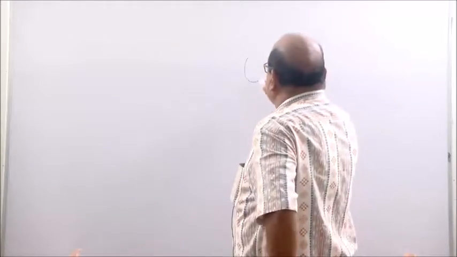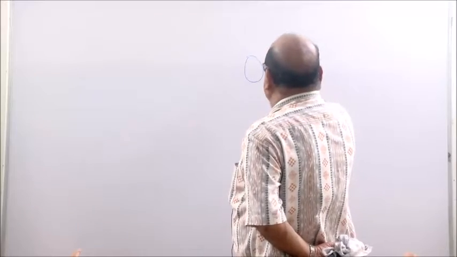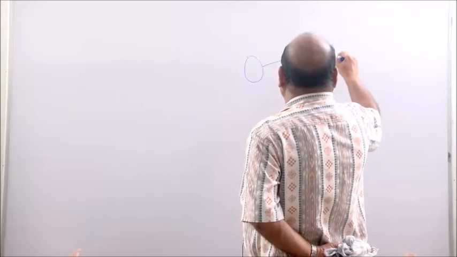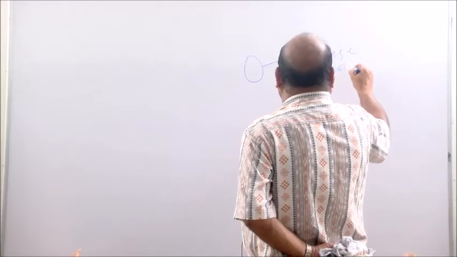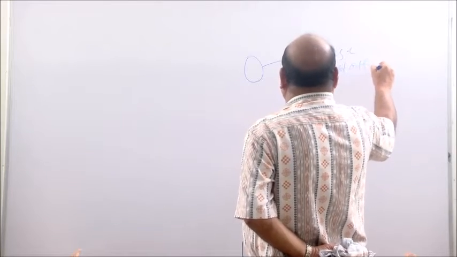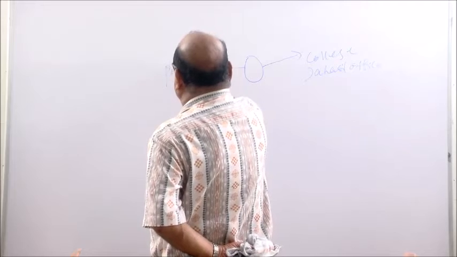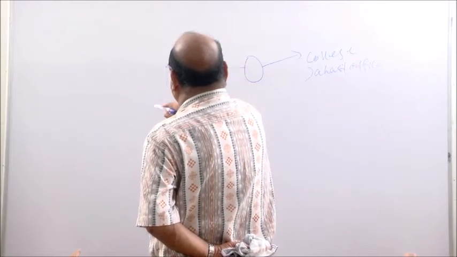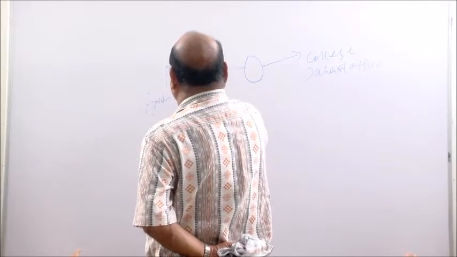Suppose this is the square. Right hand, it goes to college, Tahsil office. Left hand, police station, government school.